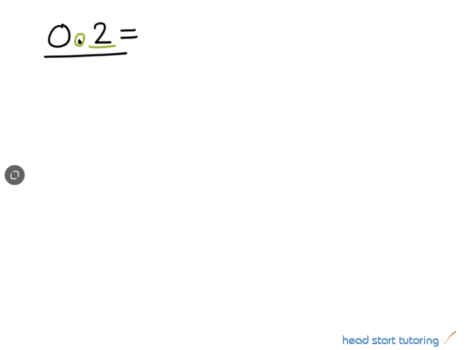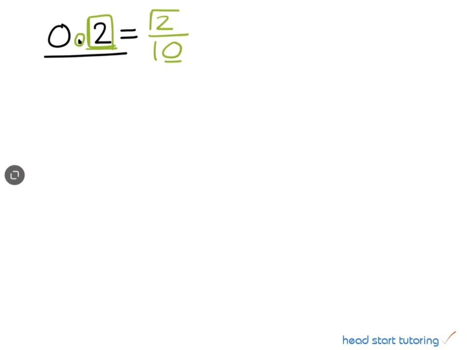So in this example, 0.2, we have only got one digit after the decimal point. So we have got 2 as our numerator, and because there's only one digit after the decimal point, we've got it out of 10, which only has 1 zero.